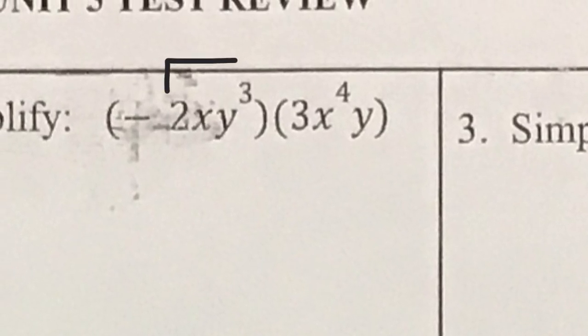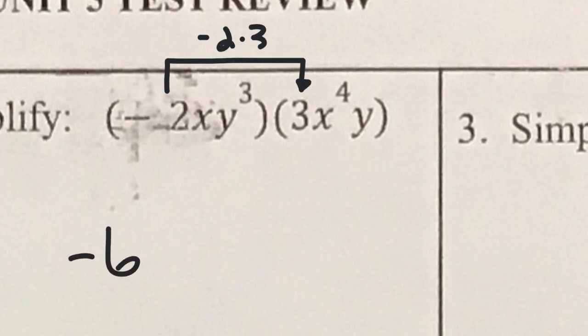Numbers multiply to numbers. What is negative 2 times positive 3? Negative 6. And now we have your variables that we have to add their powers together. So we have an x and an x to the 4th. So we're going to add them. Notice, of course, when you don't have a power, we're assuming the power is 1.